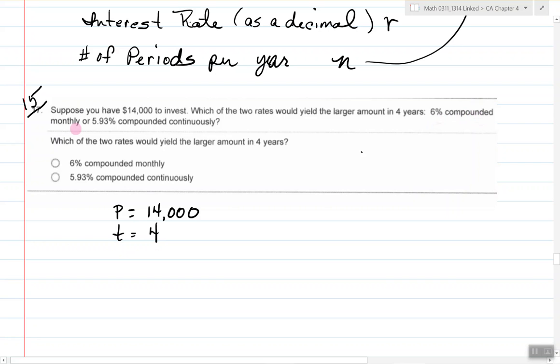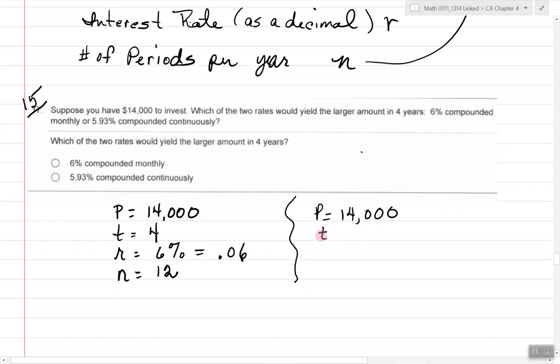6% compounded monthly. All right, so the interest rate is 6%. Change it to 0.06, and in that first scenario, if it says the word monthly, that's 12 times per year. In the second scenario, we still have $14,000.